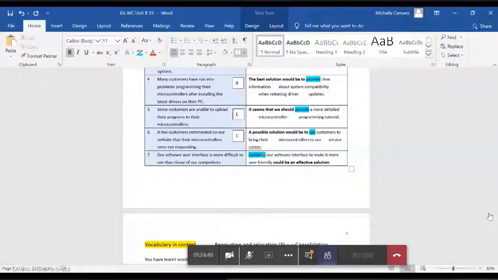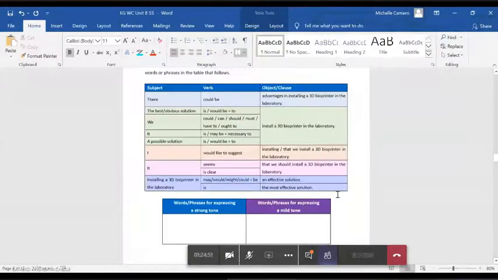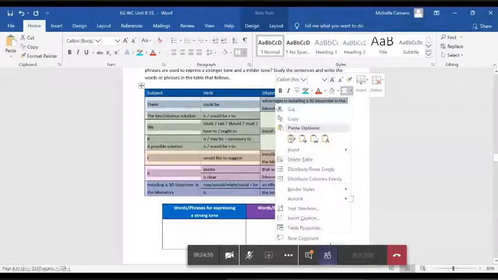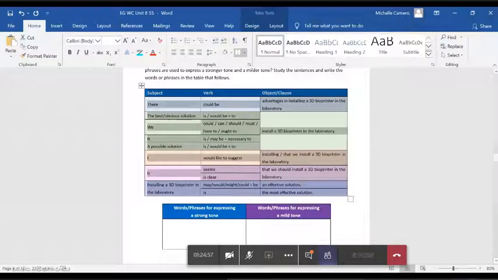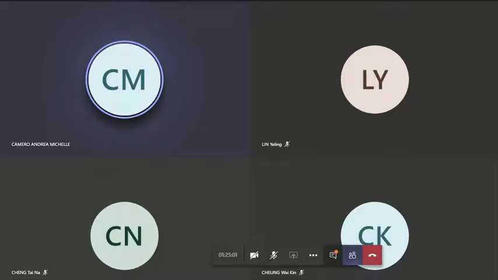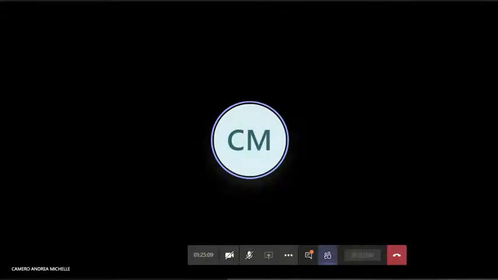Just so I don't have to keep going back and forth, I'm going to copy this and put it on the other document, because for some reason Microsoft Teams won't let me go from one document to the next. I have to click on share and then not share. It's just a bit of extra work.